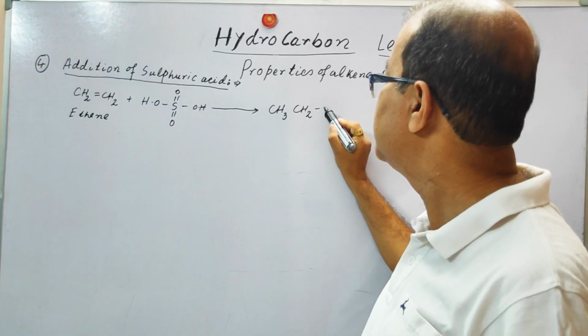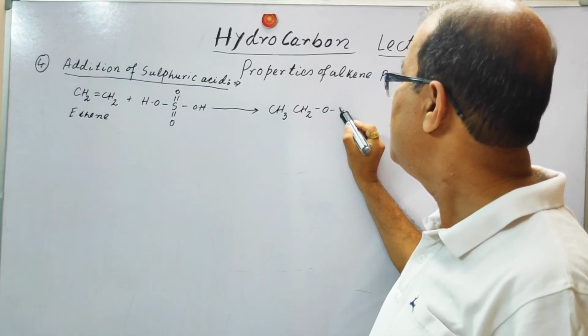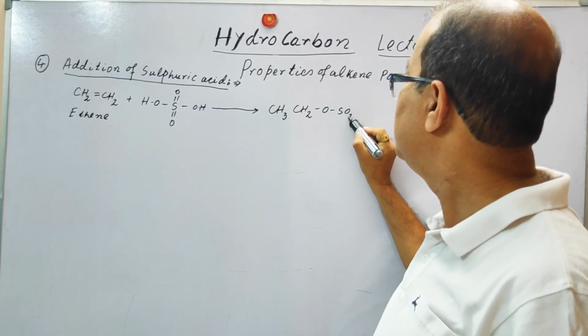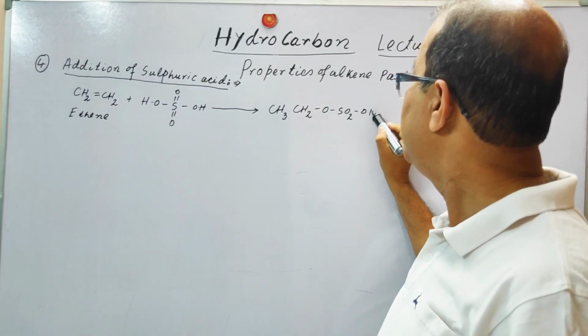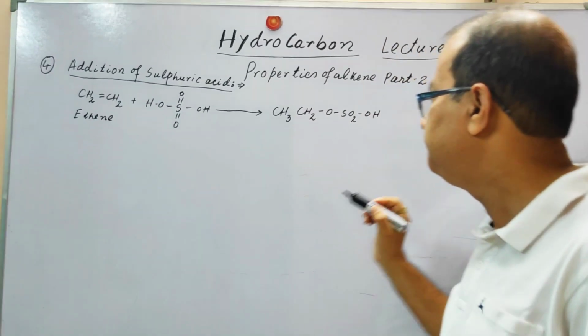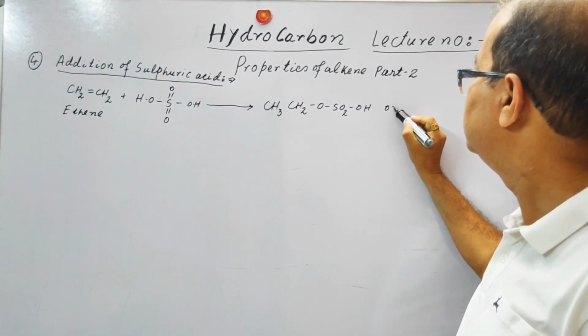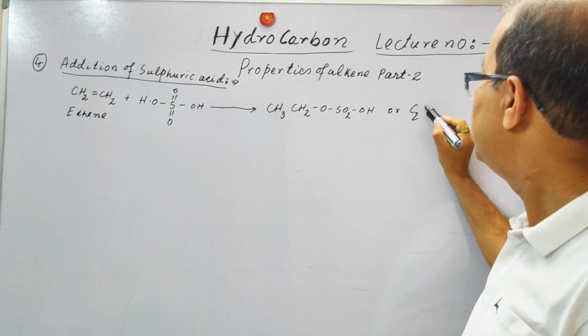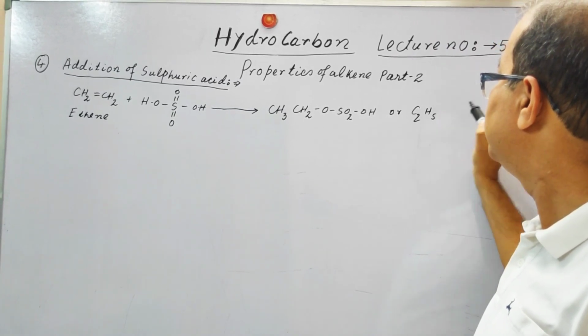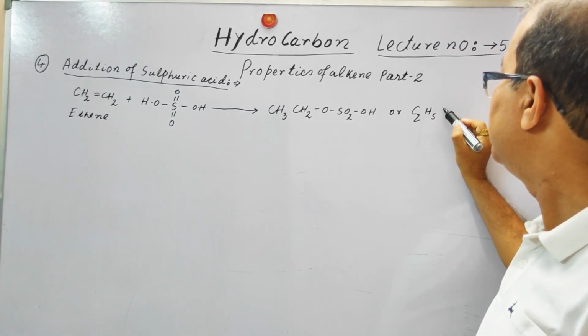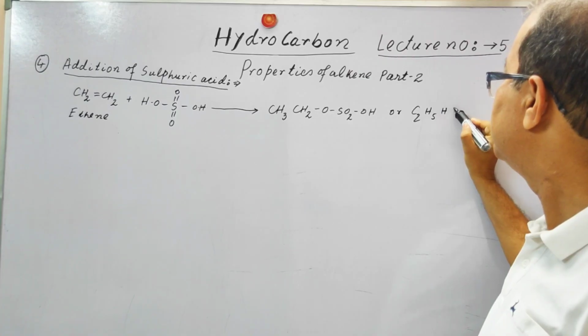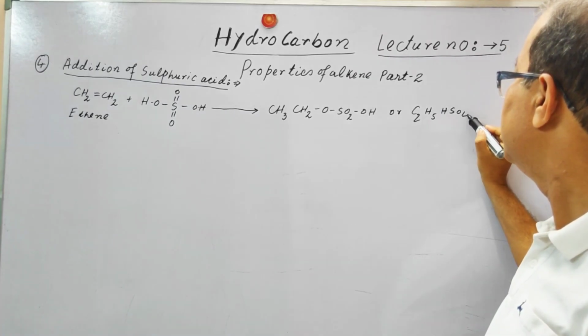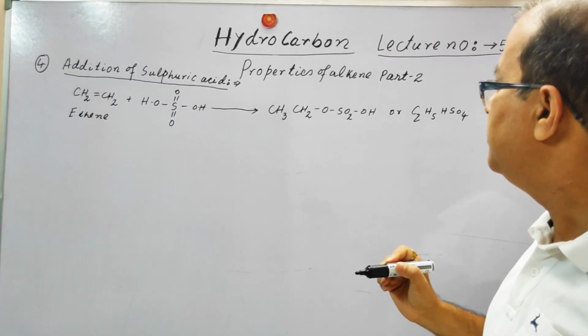We are showing this, that is OSO2OH, or we can write this as C2H5SO4H.